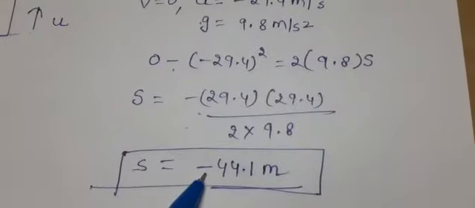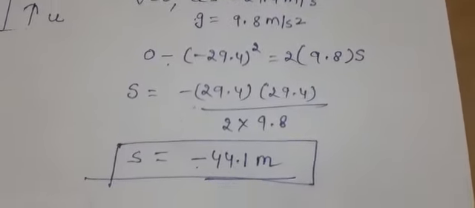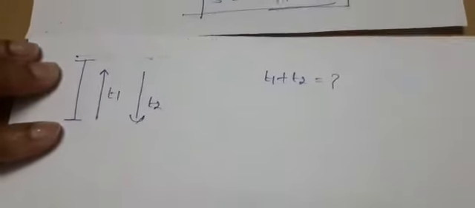Now we also have to find the time. As the body is thrown upward, it will take some time going upward, and after that from the highest point it will not remain suspended in air, it will again come down. So you have to calculate the total time taken to come back to the player's hand.